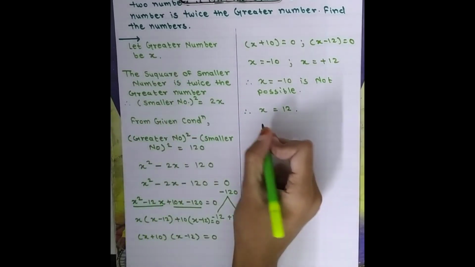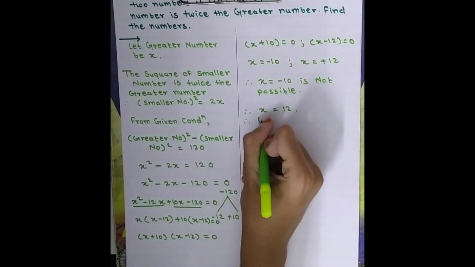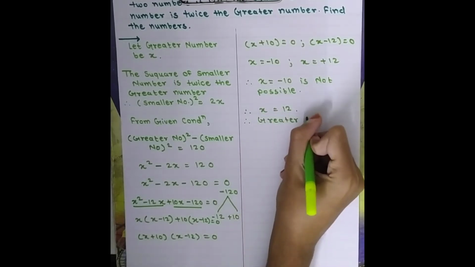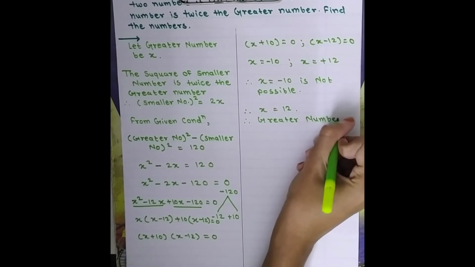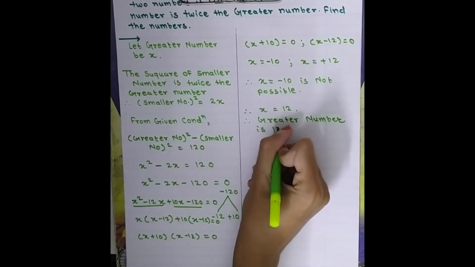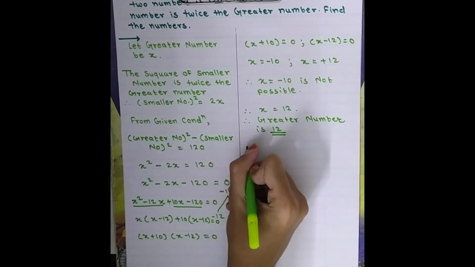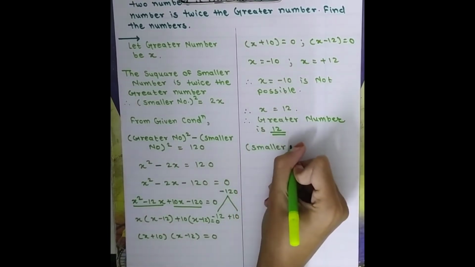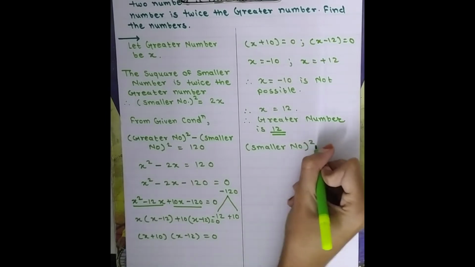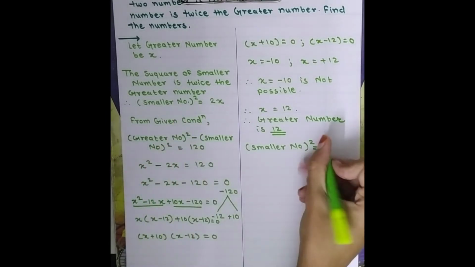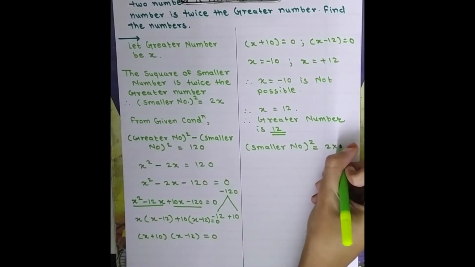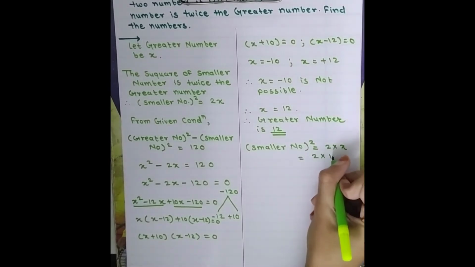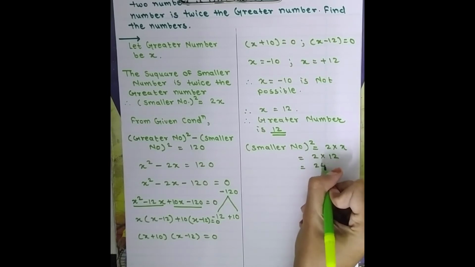The greater number is 12 and the smaller number square is equal to 2x. So 2 multiplied by x, 2 multiplied by 12, is equal to 24.